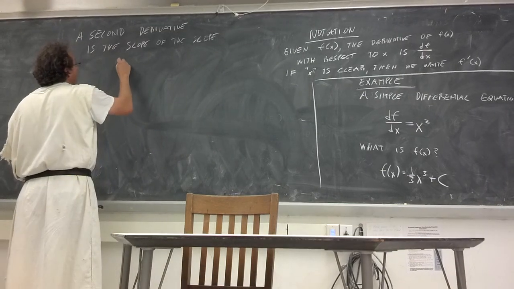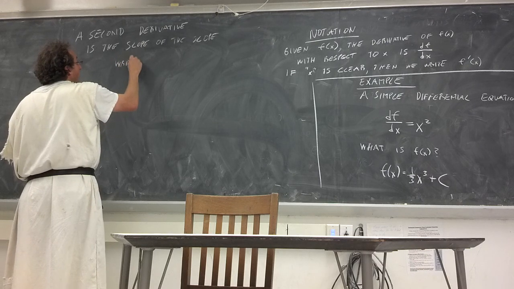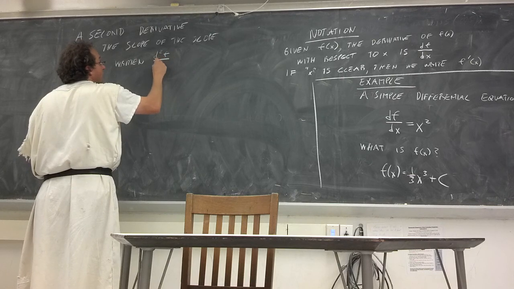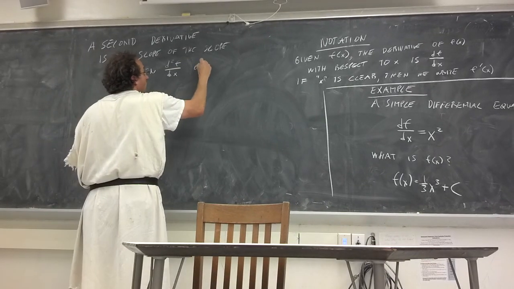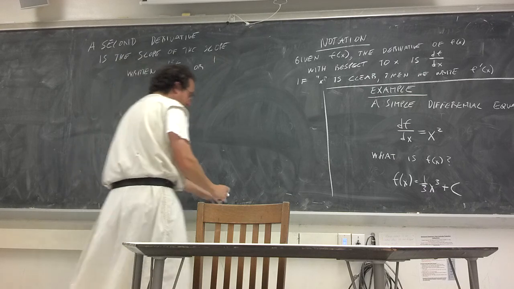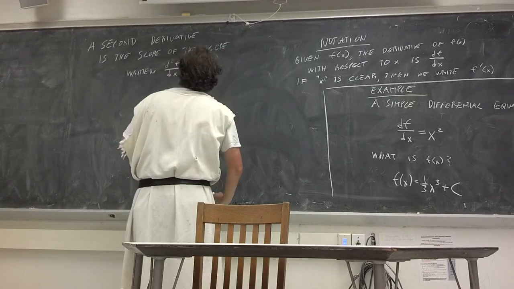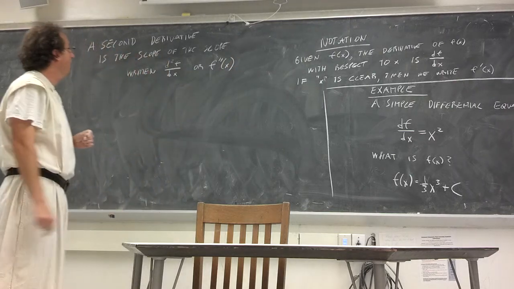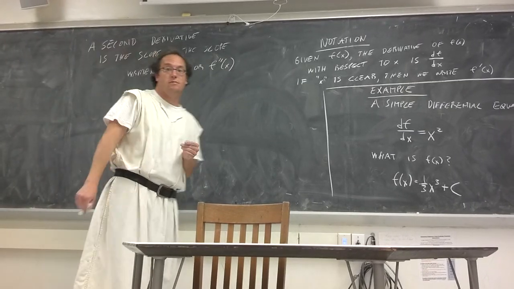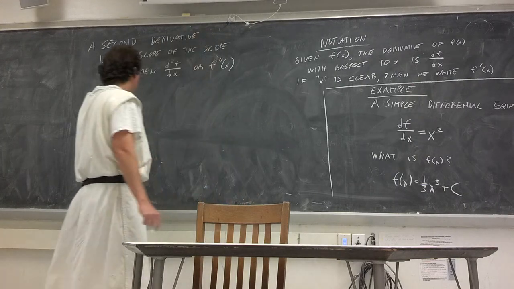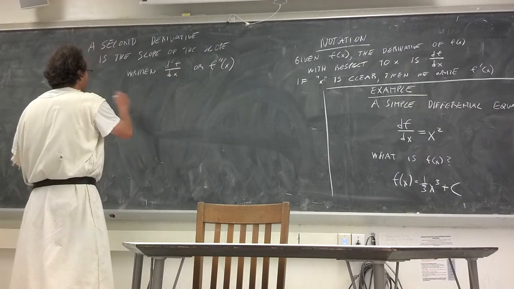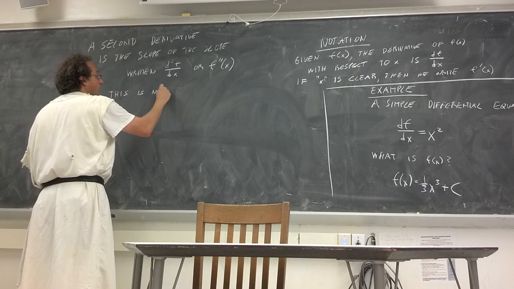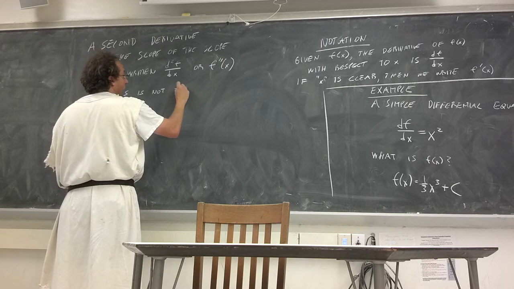Written d squared f, or f with 2 ticks. And you'll see both notations, so it's probably best to just know both of them. This is not the square of the derivative.